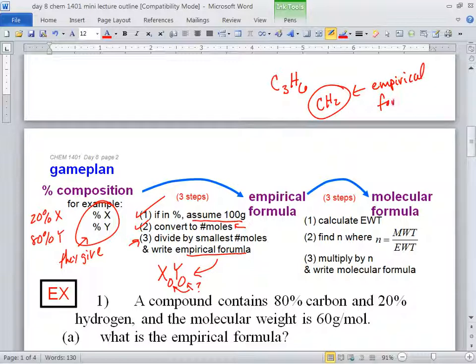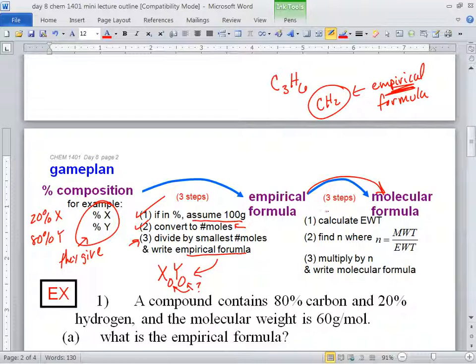That's why they call it empirical, because it's just the simplest ratio. So it's not the real answer. I mean, it might be, but it's probably not. You're probably off by, like in this case, you're off by a factor of 3. So that's what this whole idea is, to go from the empirical formula to the molecular formula. What factor are you off by? Are you off by a 2, a 3, a 4, or 5?